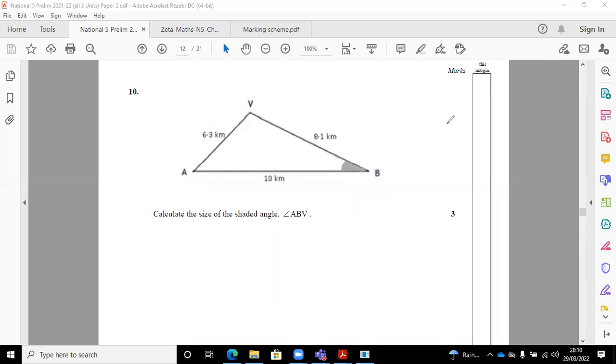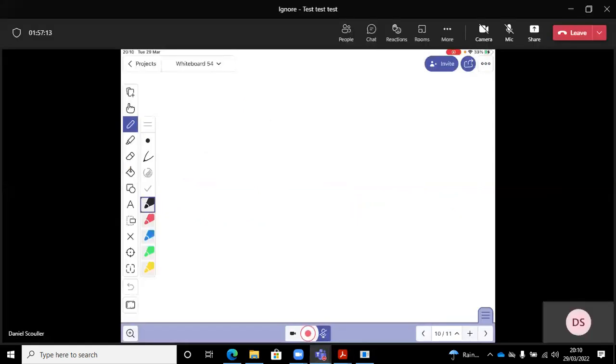The lettering in the formula is cos A, the capital is the angle, equals B squared plus C squared minus A squared over 2BC.